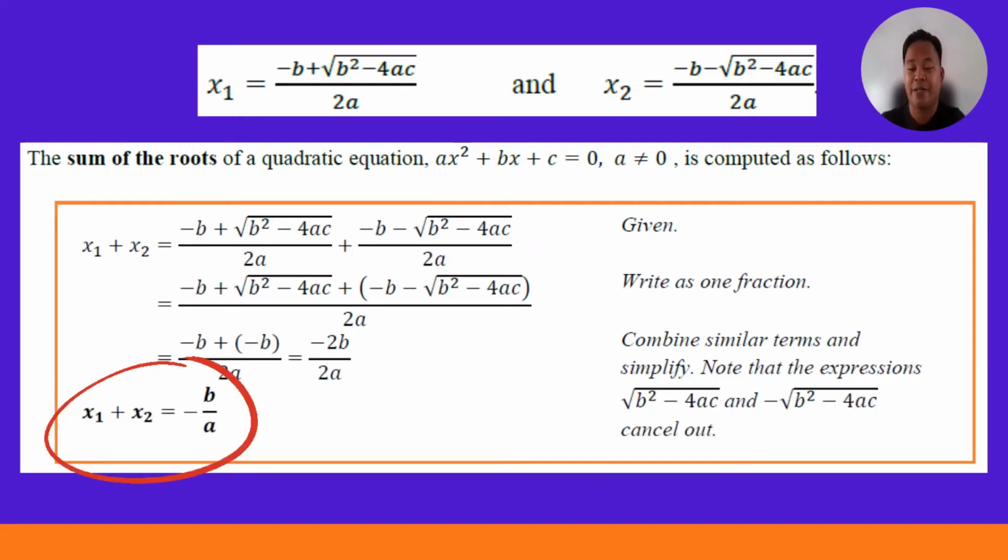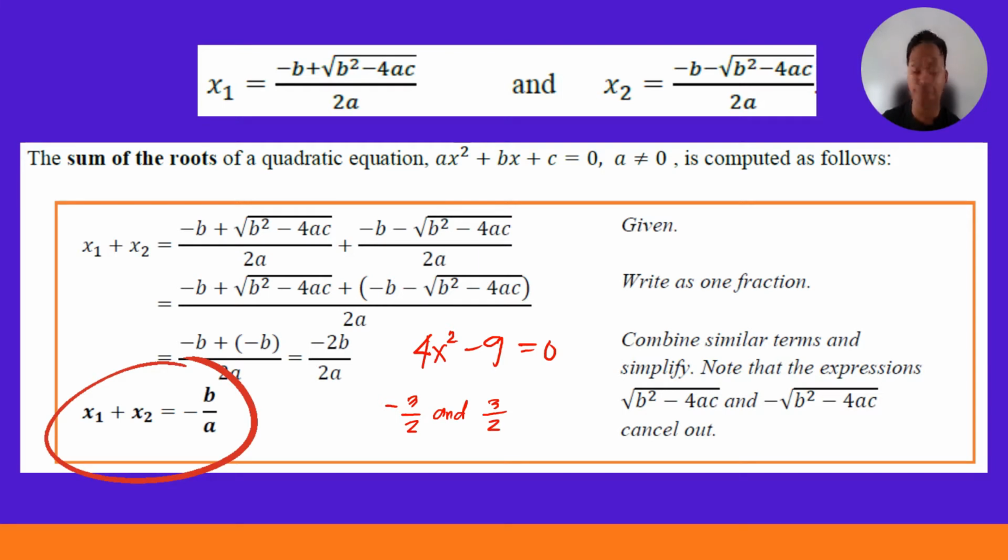We're going to observe the roots that we found out in the previous slide. We try to recall the equation given. We have 4x squared minus 9 is equal to 0, and the roots are negative 3 over 2 and positive 3 over 2.